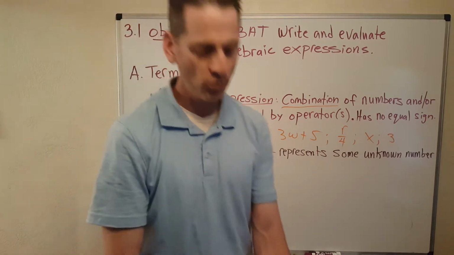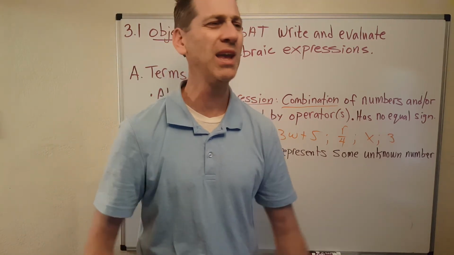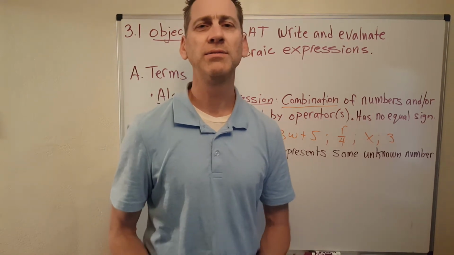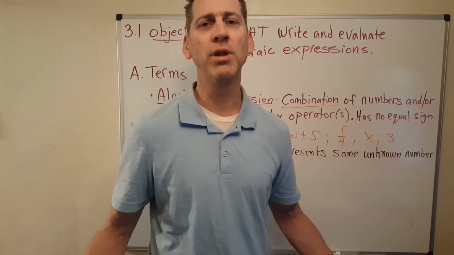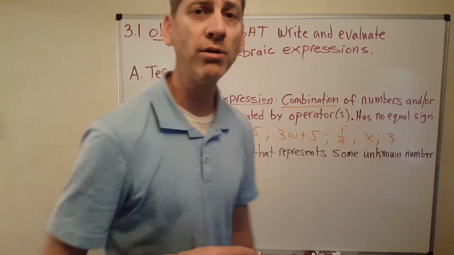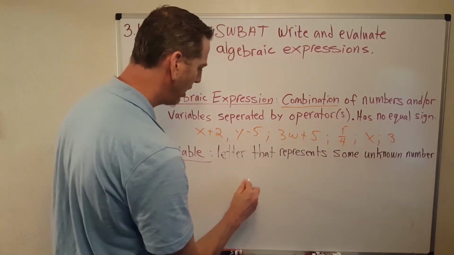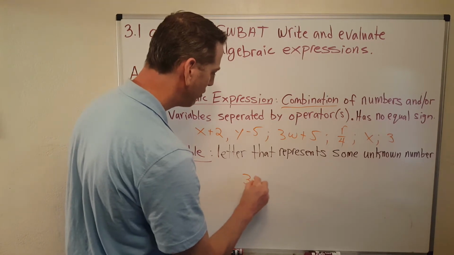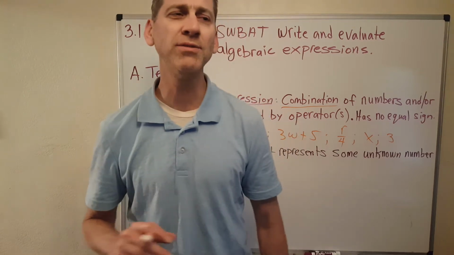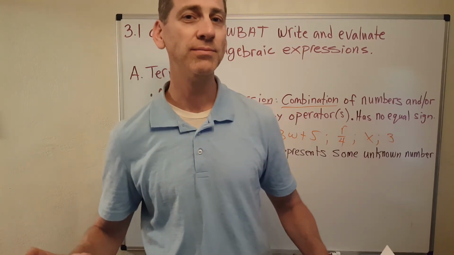Now you might be wondering, well, why do we need variables? Why can't we just stick with constants? Well, consider this. Let's say we're all flying on an airplane, and our speed in this airplane is 300 miles an hour. Our velocity is 300 miles an hour. However, there are some things that are going to affect that speed.